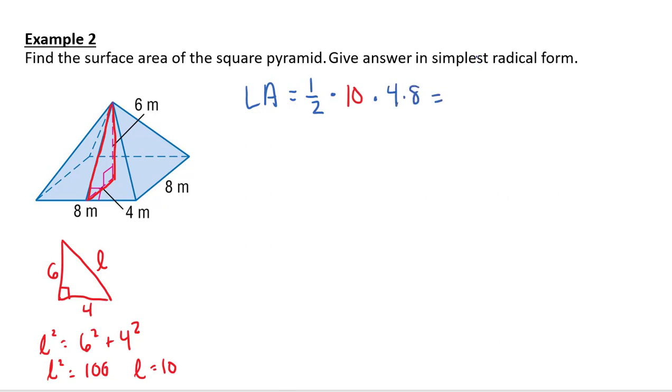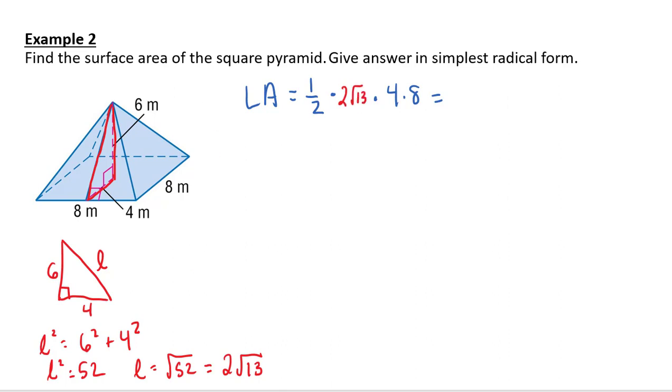So my lateral area, I apologize, I actually messed this up. I thought it was, it's not that. I just looked at my notes. This is the square root of 52, which, pulling out some perfect squares, is 2 root 13. I apologize.